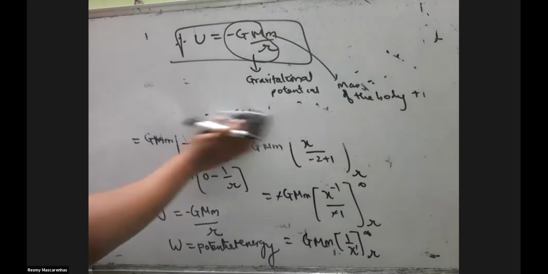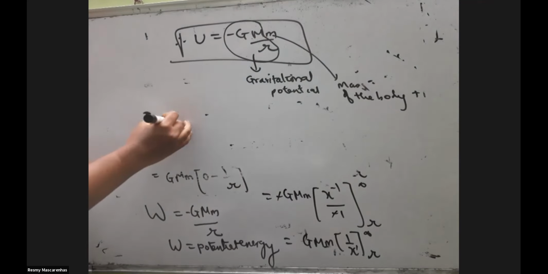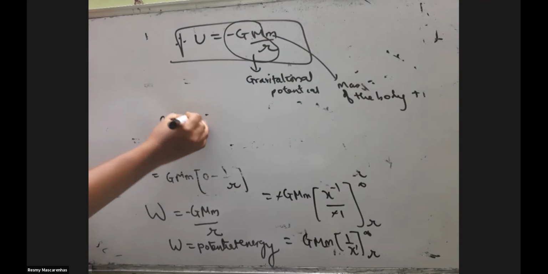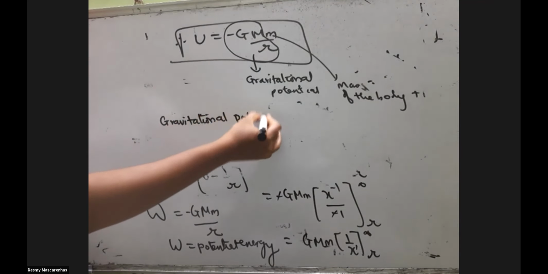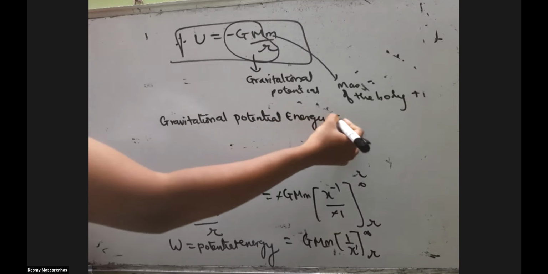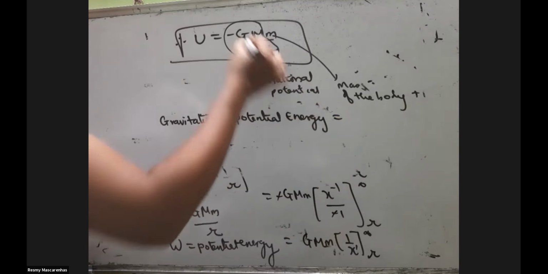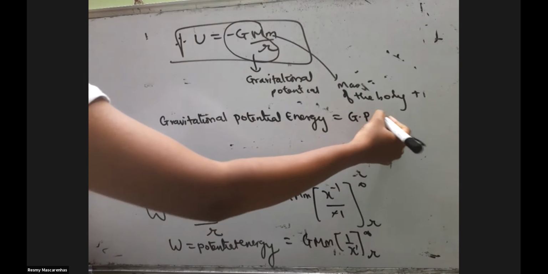So you can also express another formula: gravitational potential energy is nothing but gravitational potential into mass.